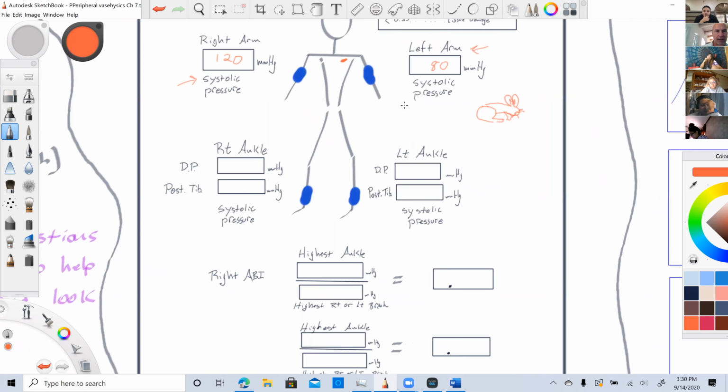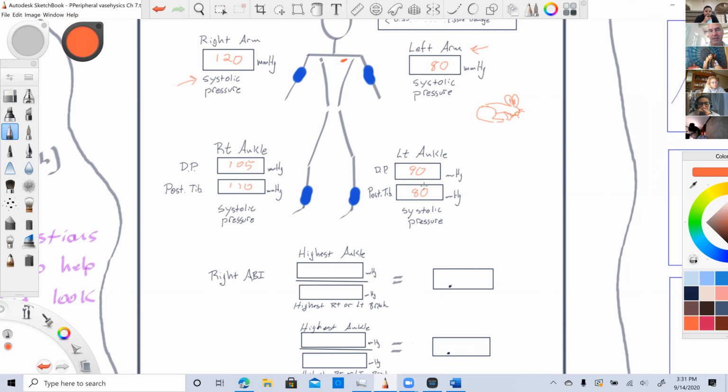So let's see, right ankle, dorsalis pedis, 105, posterior tib, 110. These are systolic only. Left ankle, dorsalis pedis, 90, and posterior tib is that.